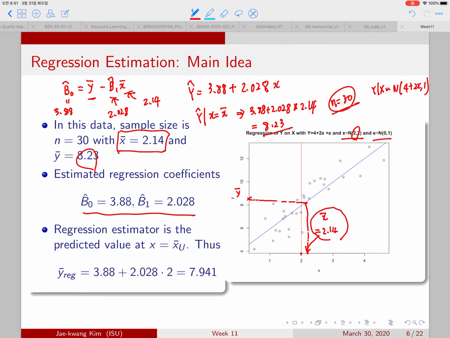So if you plug in the population mean here into this regression model, you end up getting 7.99. So that is the regression estimator. That is the basic idea of the regression estimator.